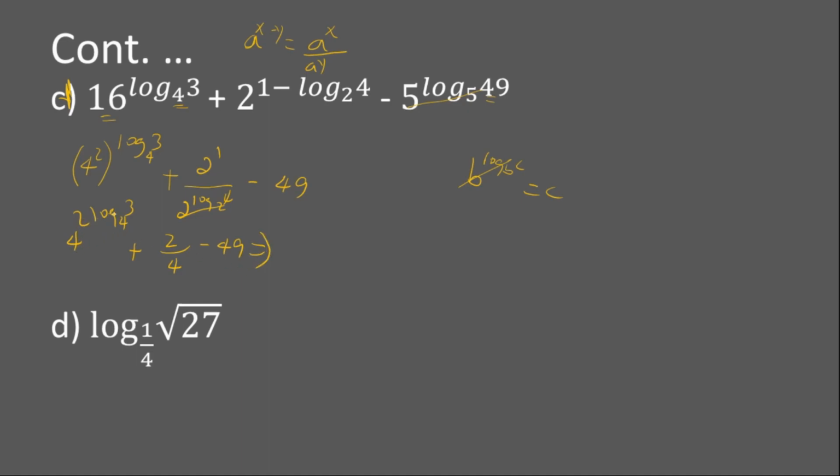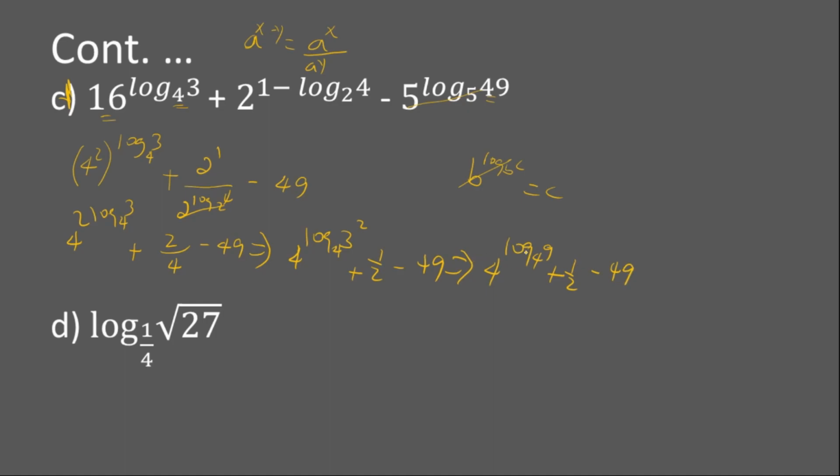4 to the power of twice log means 4 to the power of log 3 squared to the base 4, plus 2 over 4 can be simplified to 1 over 2, minus 49. This means 3 to the power of 2 is 9, so this can be written as 4 to the power of log 9 to the base 4, plus 1 over 2 minus 49.